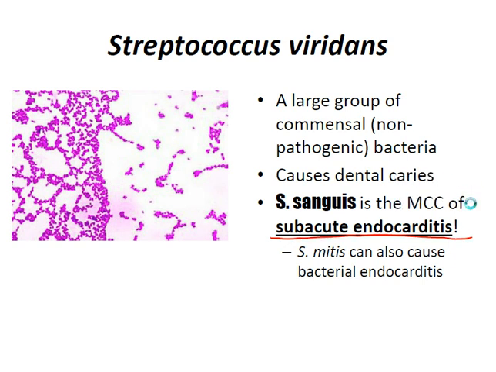It's optochin resistant, which differentiates it from optochin sensitive Strep pneumoniae. It has no capsule, which differentiates it from the high hyaluronic acid capsule of Strep pyogenes, or the Strep pneumo polysaccharide capsule. It is alpha hemolytic, just like Strep pneumo, but it differentiates from the beta hemolytic Strep pyogenes and Strep agalactiae. It is not bile soluble.